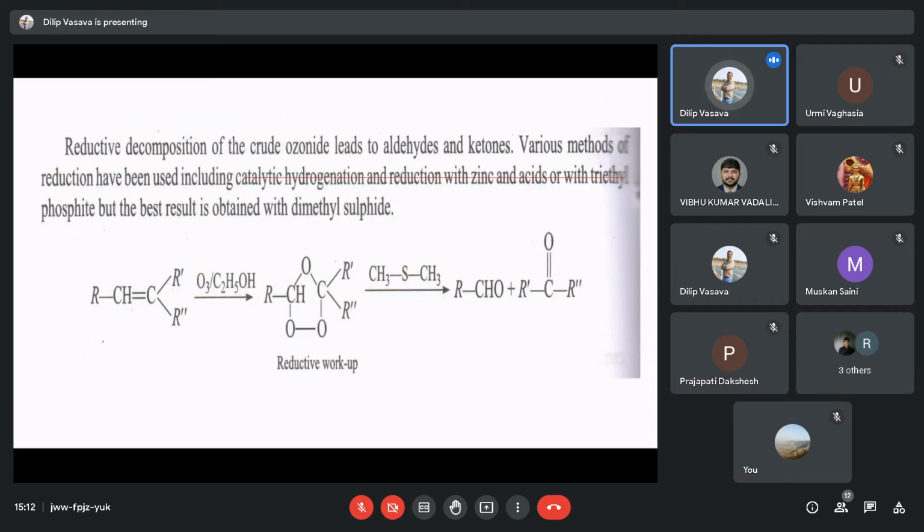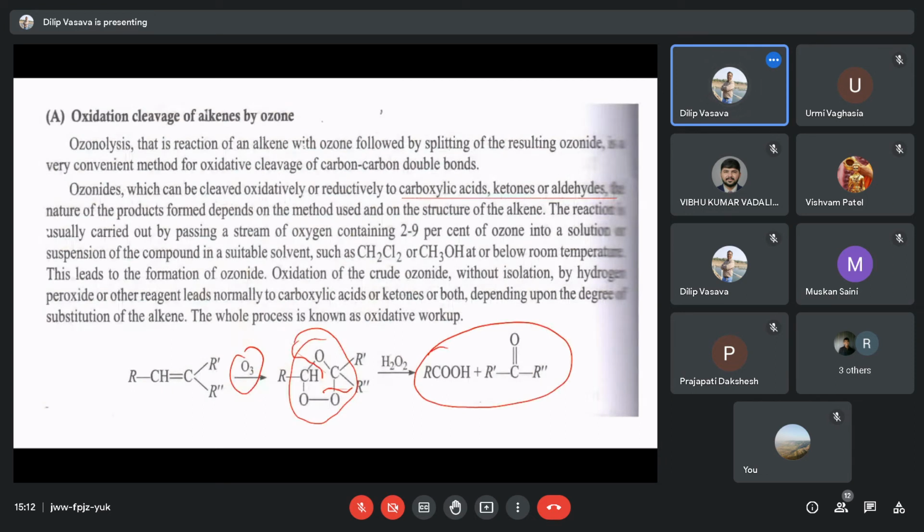Here is another example. Ozone is taken in presence of alcohol, where this intermediate step is forming. But in this case, when a disubstituted alkene is there, in the previous case it was RCH, R dash, R double dash.